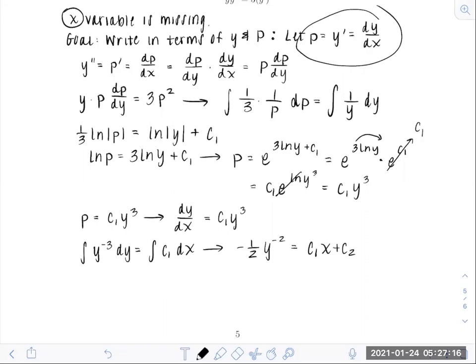And then we'll go ahead and simplify a little bit. Let's multiply both sides of my DE by -2y squared. So that gives me 1 equals -2y squared times this linear expression, c1x plus c2.